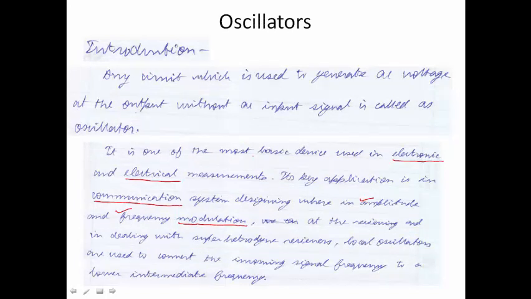While doing that, they will use local oscillators to generate the oscillations, to generate the frequencies corresponding to the required carrier signal. So we use these devices to generate such signals, which help us to recover the original information signal back at the receiving end. So this is one of the applications.